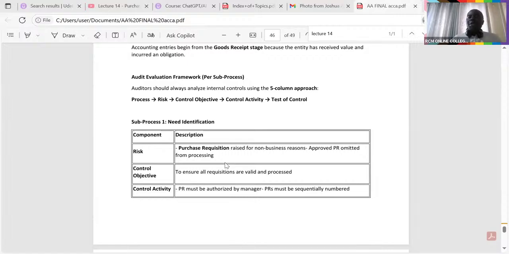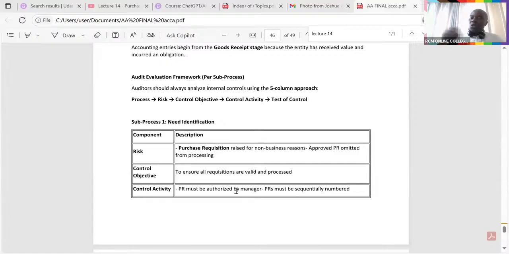All right. So what is the control? Why should we have a control process here? The control objective is to ensure that all requisitions are valid and processed. They are valid for purposes of procuring items needed by the organization, not you as individuals. The control activity, ladies and gentlemen: the purchase requisition must be authorized by the manager.